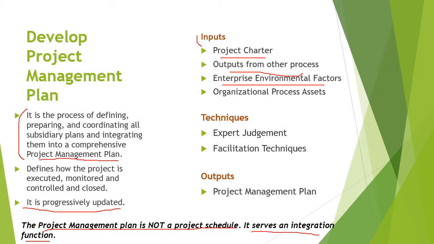It is basically any tool that is used for planning, like scheduling software such as MS Project. This is a type of project management information system for us. Any information collection system, any information distribution system, etc. All these things are part of PMIS.